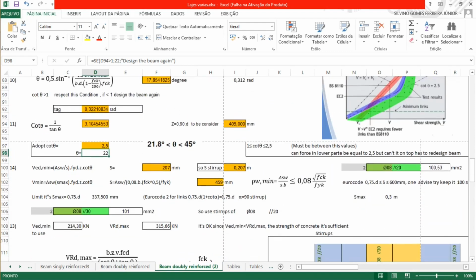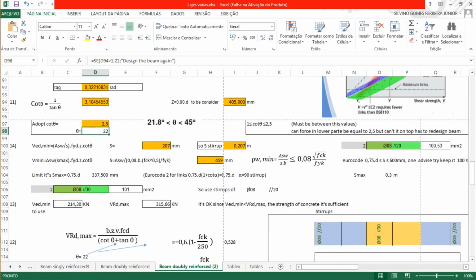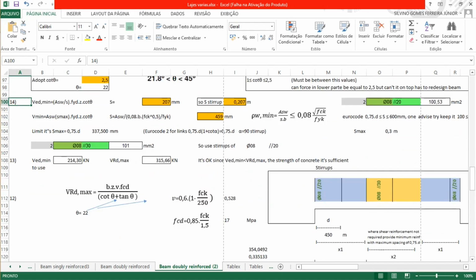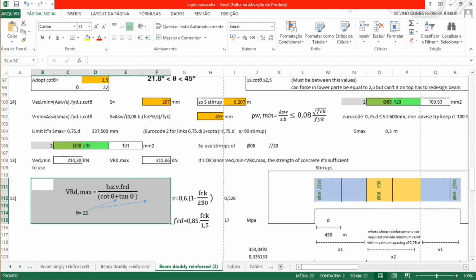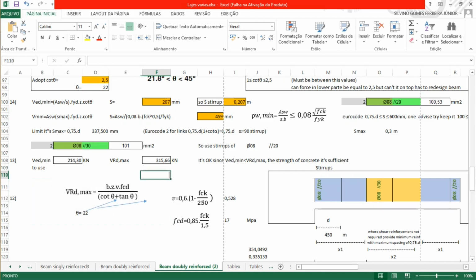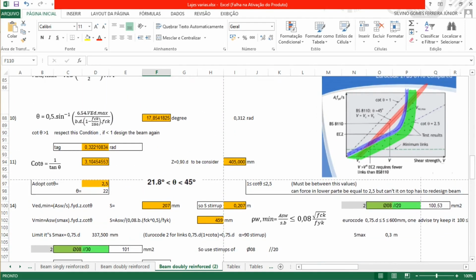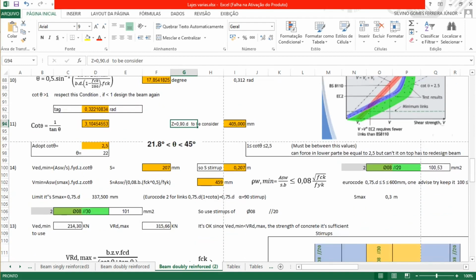So the links, we have this. We go for this equation first, the VRD maximum, which from the Eurocode we can get from this expression: B multiplied by Z, that is the lever arm. So now we consider the lever arm according to the Eurocode, Z equal to 0.9 multiplied by D, the effective depth, that gives us 405 millimeters.